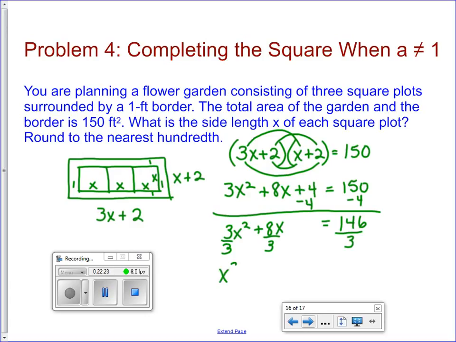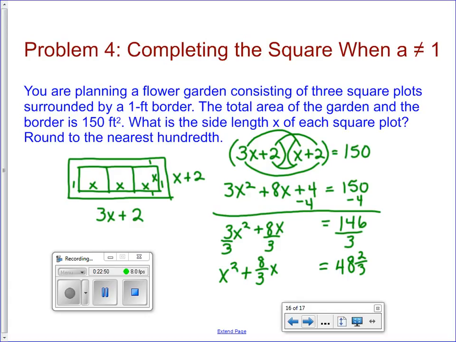We have x squared plus 8 over 3x on the left, and on the right hand side, 146 divided by 3 would be 48 and 2/3.